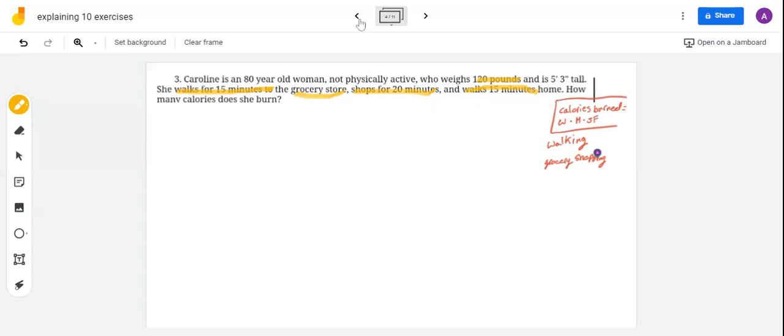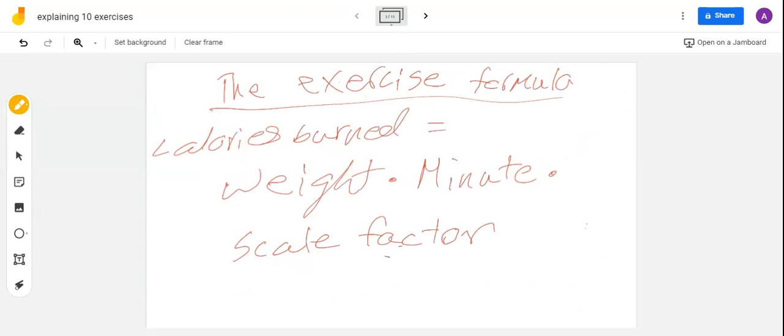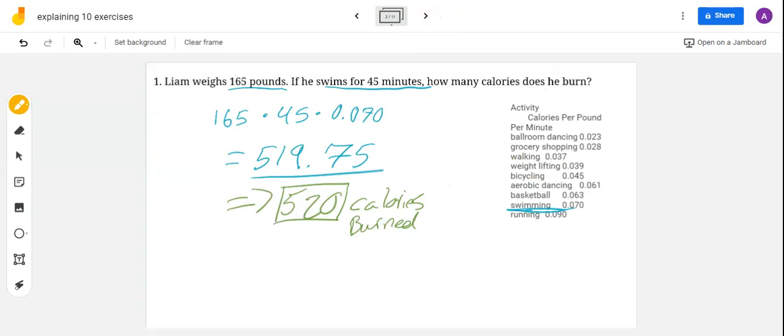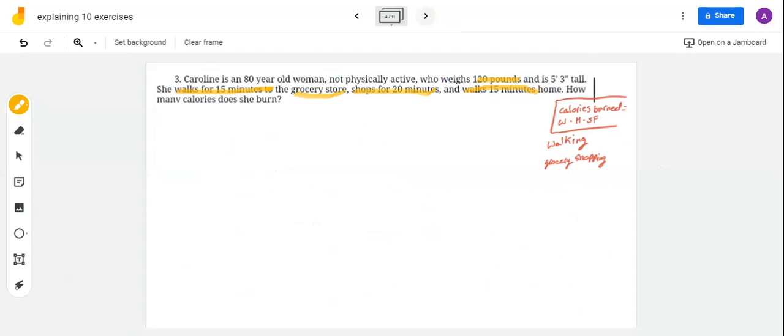So we're going to come back here to the original one that I had where I had posted the formula, to here, where we are looking at the walking and the grocery shopping. Okay? So let's go back to where we were on question 3, right?